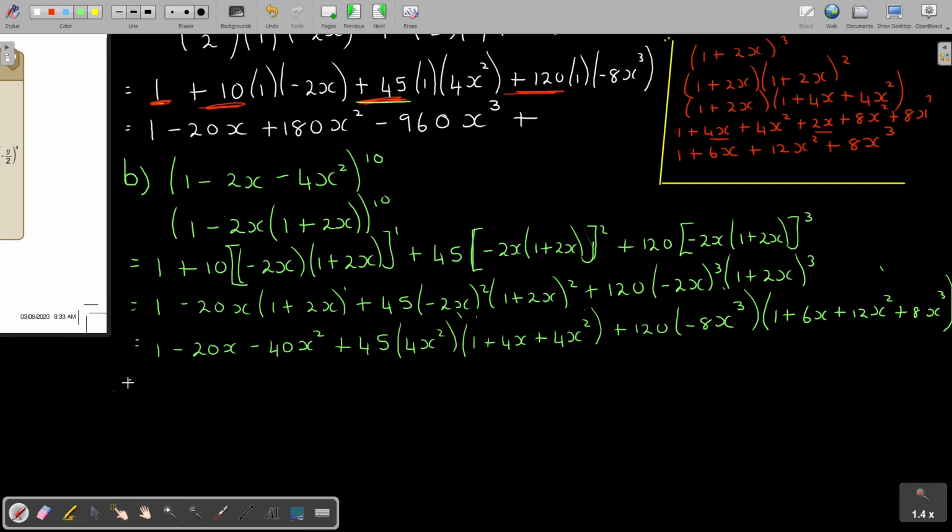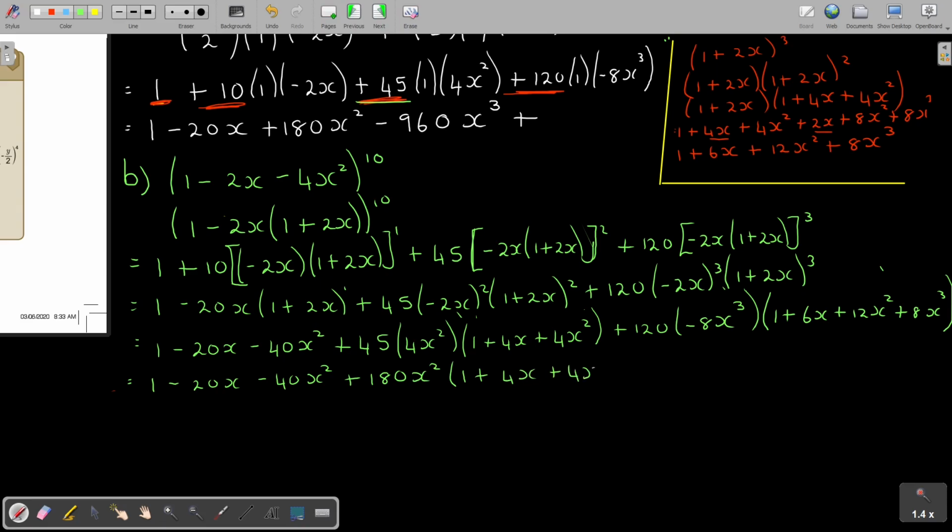Okay. Now I'm going to just multiply it out. Minus 20x minus 40x squared. Okay, remember times 2 it's 90, times 4 will it then be 180. So it's good that you first do this and then do this. Then it's again multiplying out.